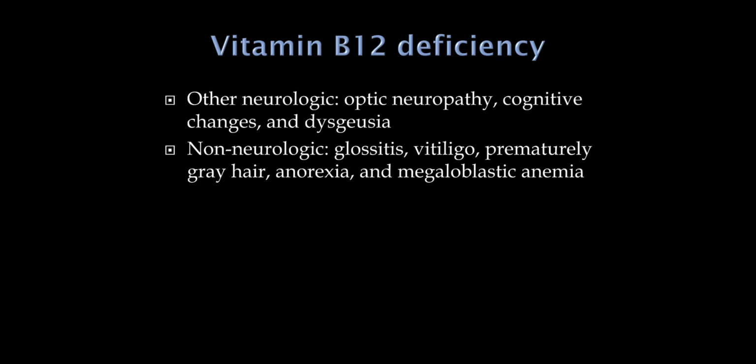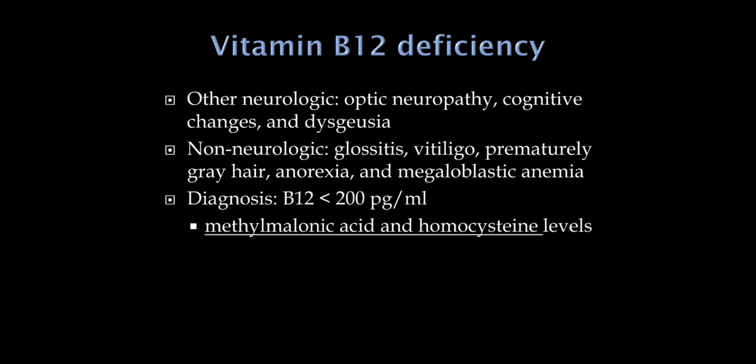And B12 deficiency can cause an altered taste sensation. That's known as dysgeusia. Okay, you will learn about all kinds of non-neurologic manifestations of B12 deficiency, including glossitis, vitiligo, prematurely gray hair, anorexia, and a megaloblastic anemia. So it can do quite a lot.